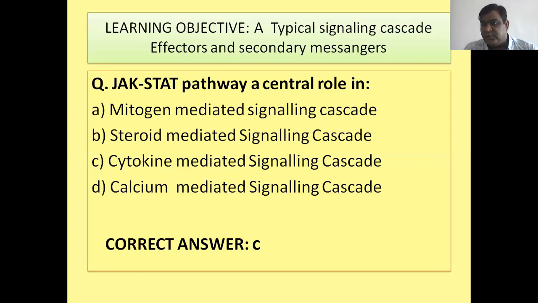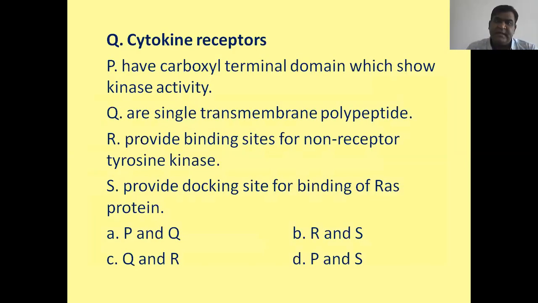Now the cytokine pathway is governed by the JAK-STAT pathway. So now they are asking, JAK-STAT pathway plays a central role in, obviously, cytokine mediated signaling cascade. This is again a question taken from NET. Cytokine receptors, again they are asking, have a carboxy terminal domain which shows kinase activity, or are single transmembrane polypeptides, provide binding sites for non-receptor tyrosine kinase, or provide docking site for binding of RAS protein.